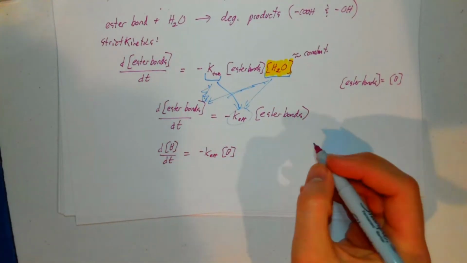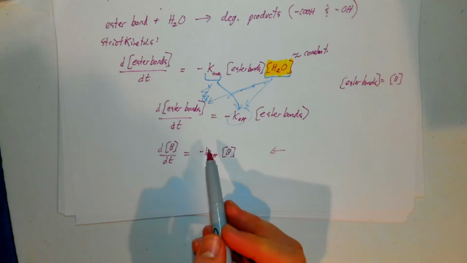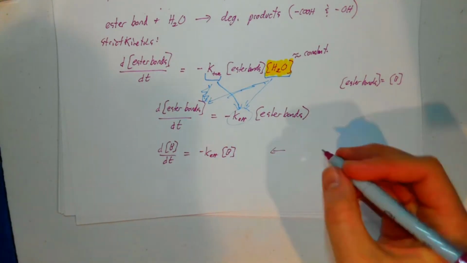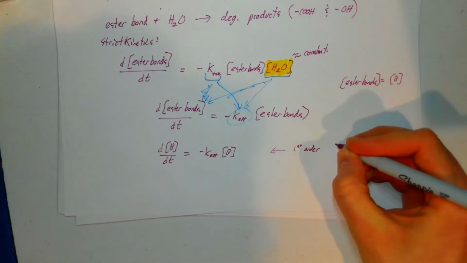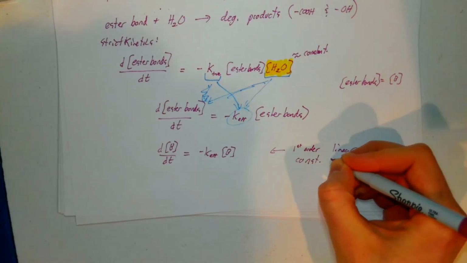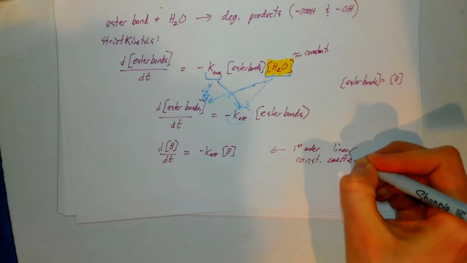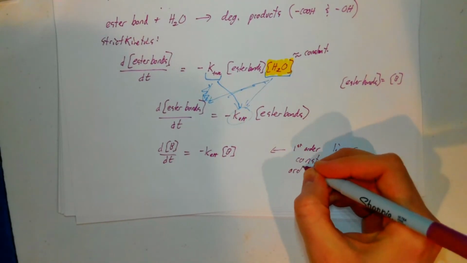Well, can we solve this equation? We might need to dust off the high school calculus a little bit, but this is a first order linear constant coefficient differential equation, an ordinary differential equation.